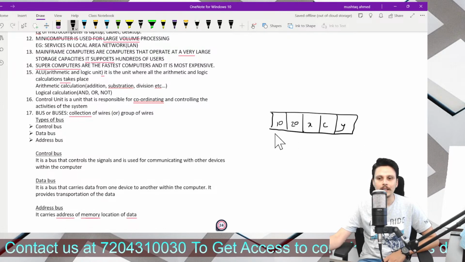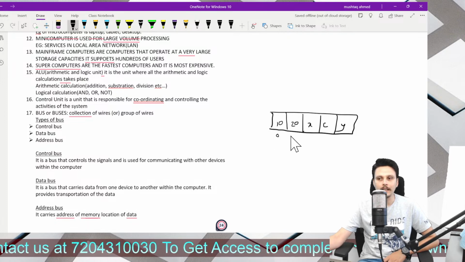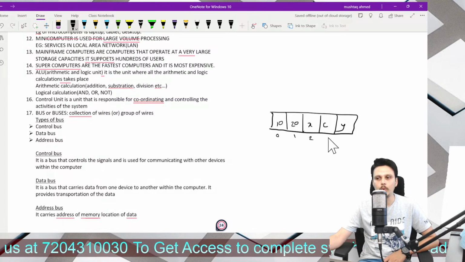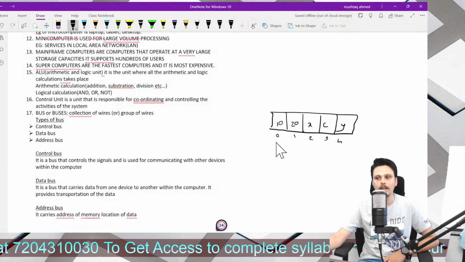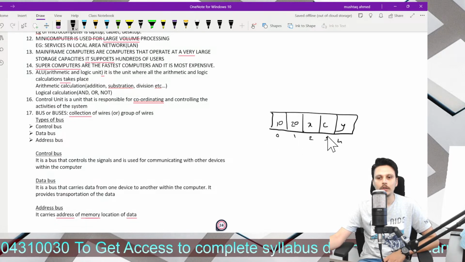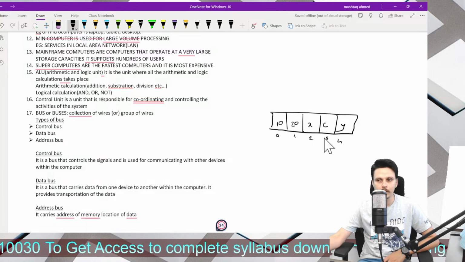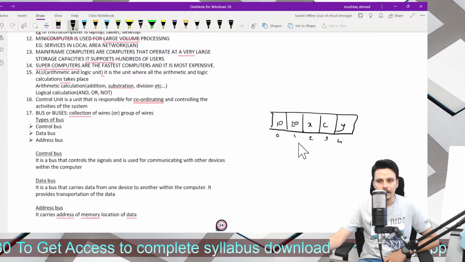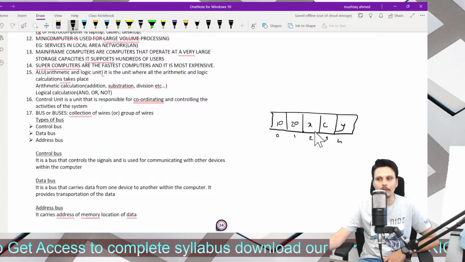So these are the locations of the data, that is 0, 1, 2, 3 and 4, all these are the locations of the data. What does address bus do? It carries the address of the memory location of the data.